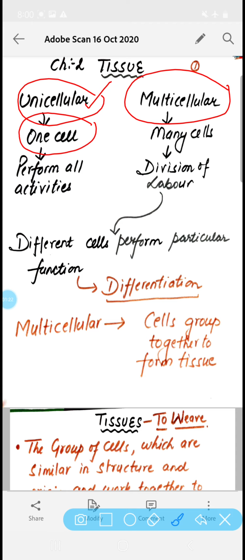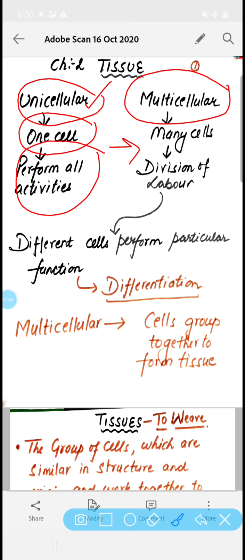We have taken the example of amoeba. Here this single cell performs all the activities, whether it is excretion, respiration, or digestion. Each and every function is performed by the single cell.